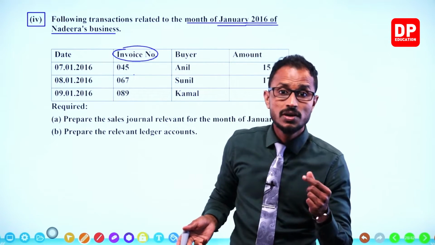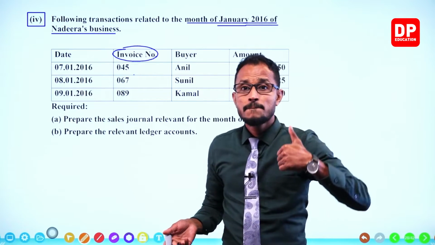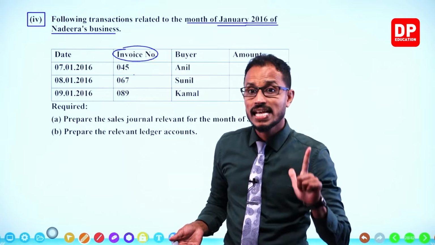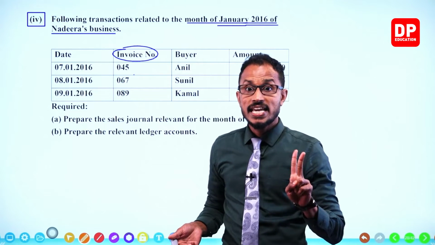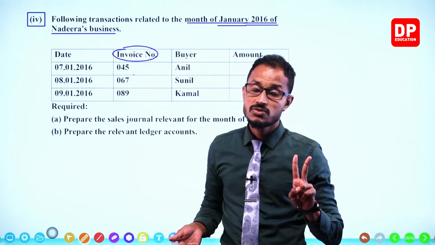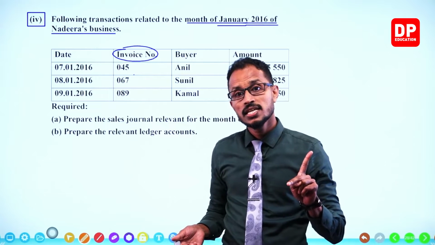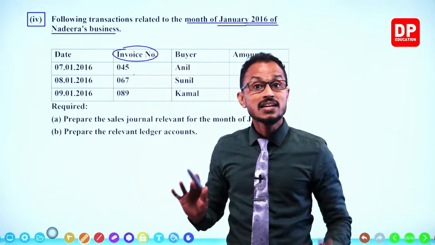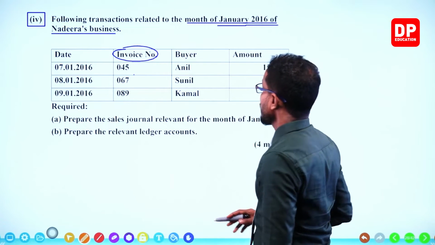Invoices are source documents issued for purchasing or selling. If it is a purchase invoice, that is a purchase. If it is a sales invoice, that is a sales. Credit purchase or credit sales, okay?